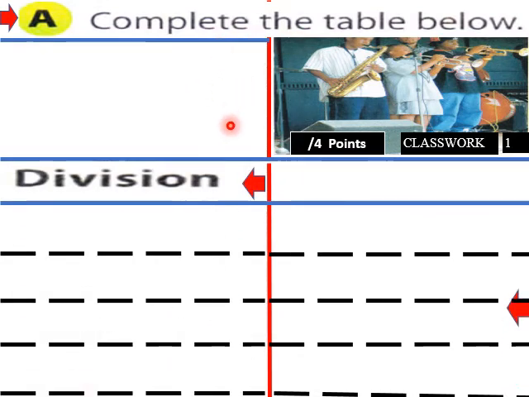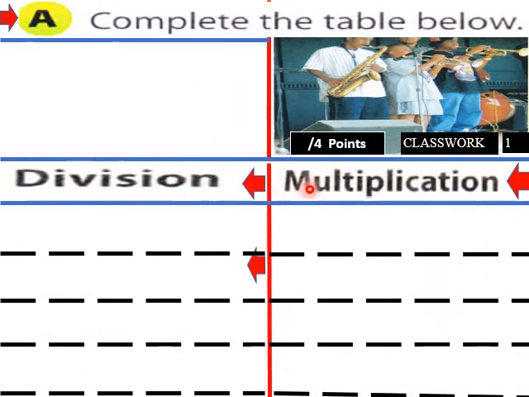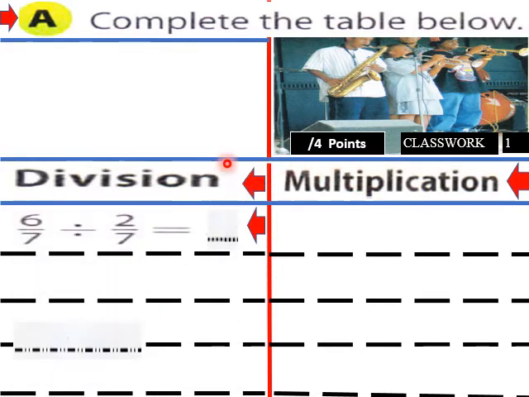We're going to complete a table, using division and then multiplication. So we have 6/7 divided by 2/7. What does this equal, students? Teachers, take your time and let your students come up with an answer. Otherwise, we just go to 3.